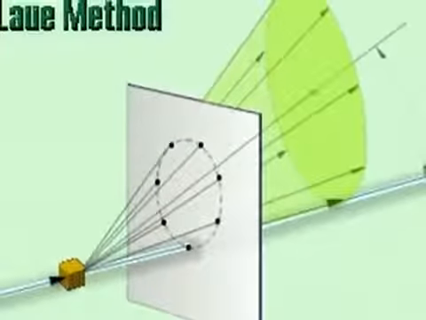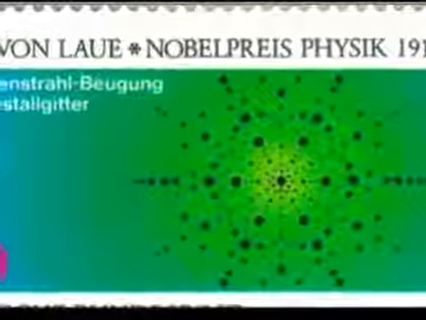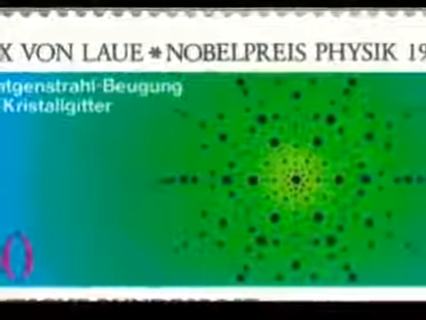That pattern, which is composed of dots or circles, tells you everything about the structure in which the atoms are arranged. He looked at crystals, and crystals meant that atoms are arranged in a way which is periodic.